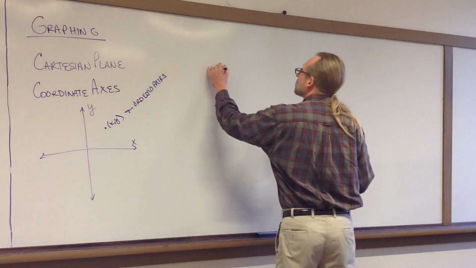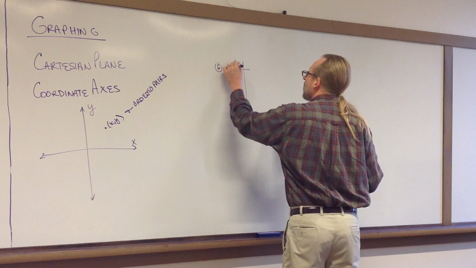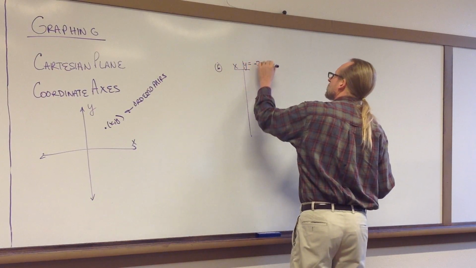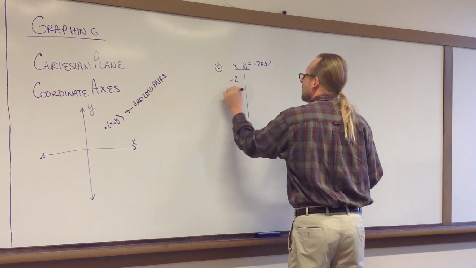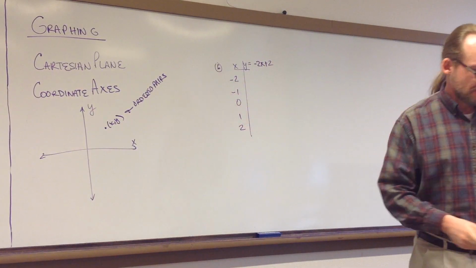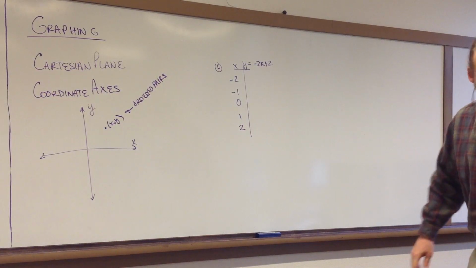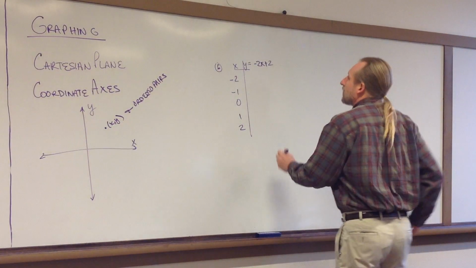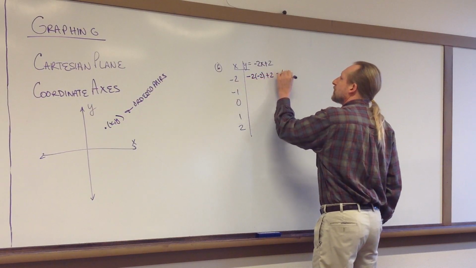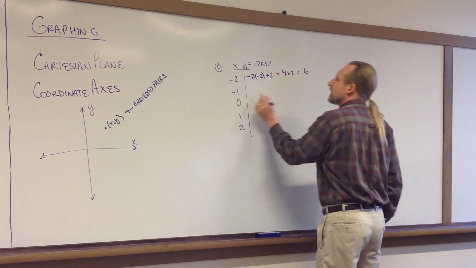Problem 6. We've got y equals -2x plus 2, and the x's we've got are -2, -1, 0, 1, and 2. Again, plug in the x value, so that'll be 4 plus 2 is 6.